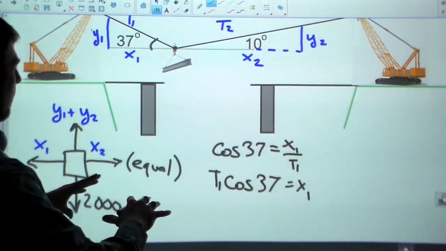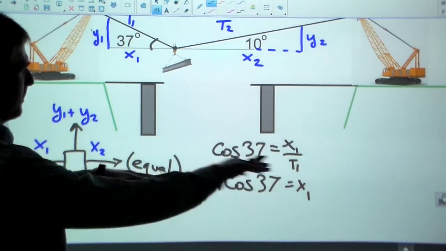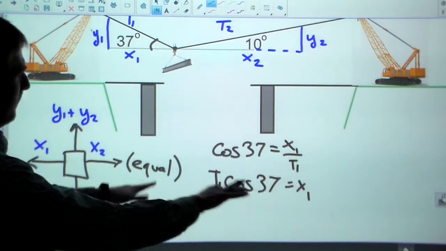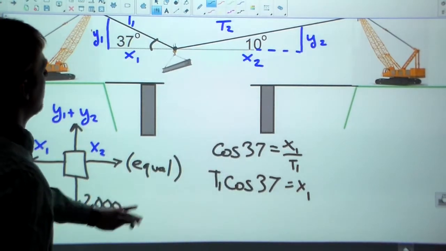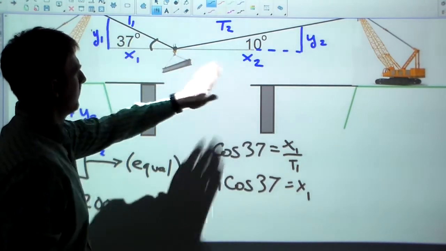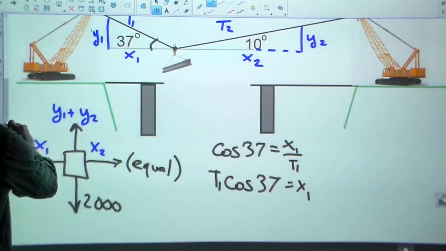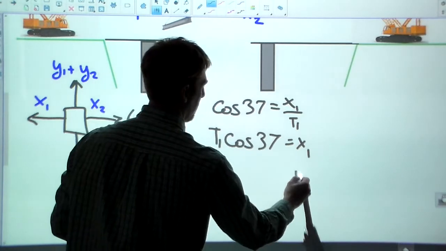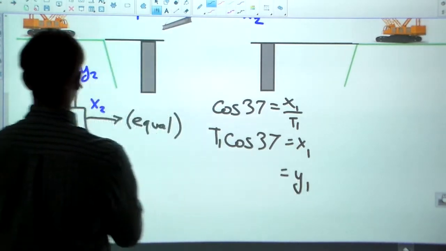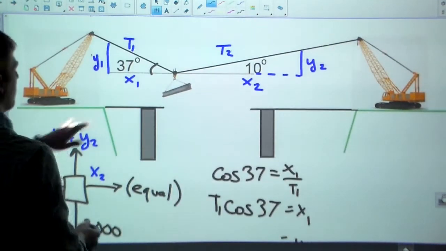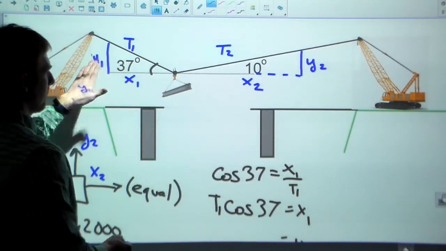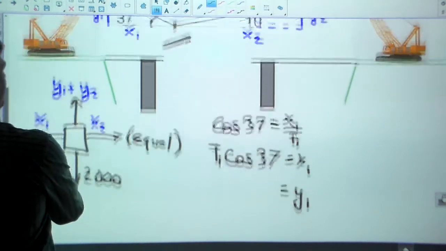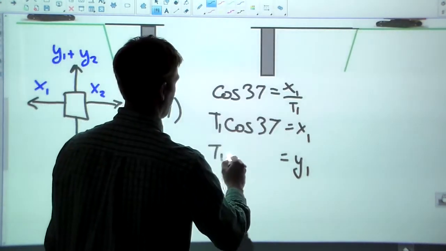Now I'm going to set up a four-piece chart here. It's not truly a chart, but something similar to a chart. For y1, x2, y2. So let's do y1. If I was going to solve for y1, I want to do a sine relationship. It's going to be pretty similar. It's going to be t1 sine 37.